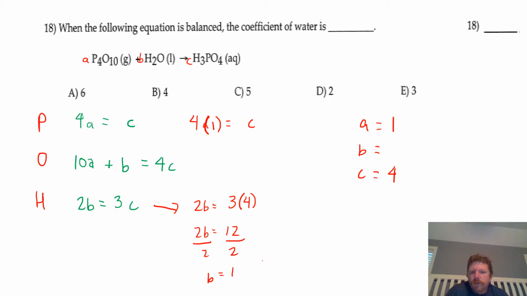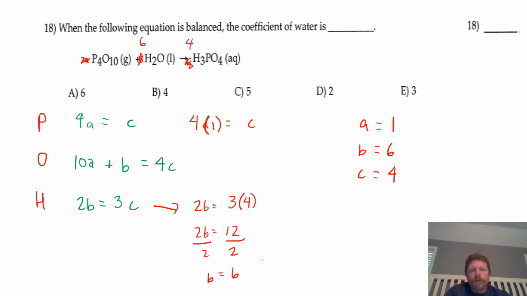B, therefore, is equal to 6. We've got a value for A, B, and C, so we can rewrite this as P4O10 reacts with 6 molecules of H2O to produce 4 molecules of H3PO4.